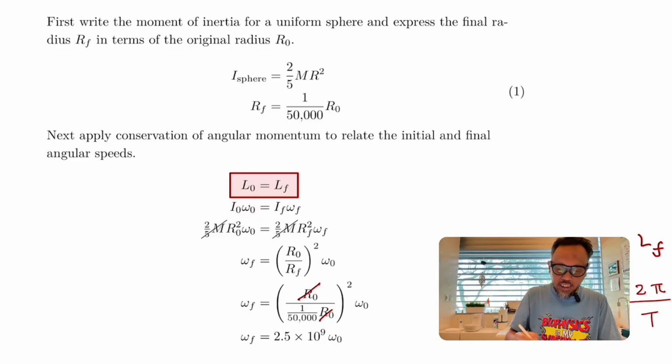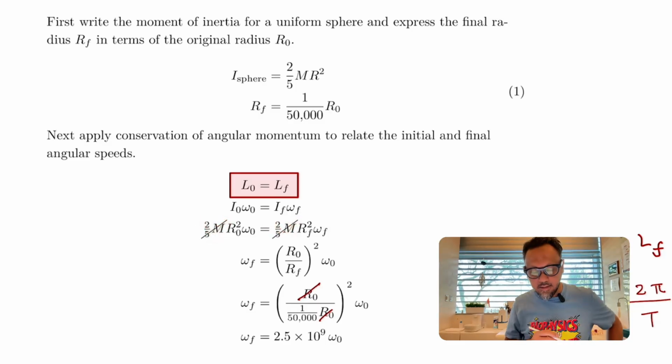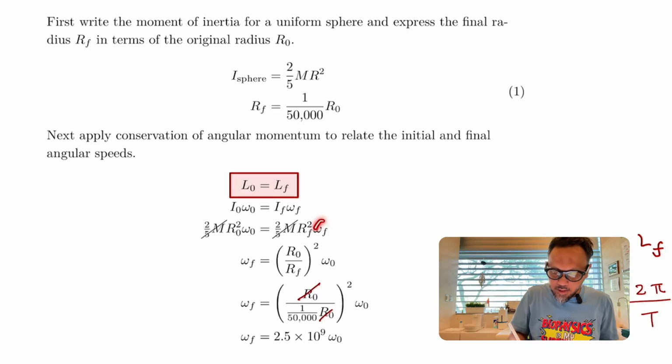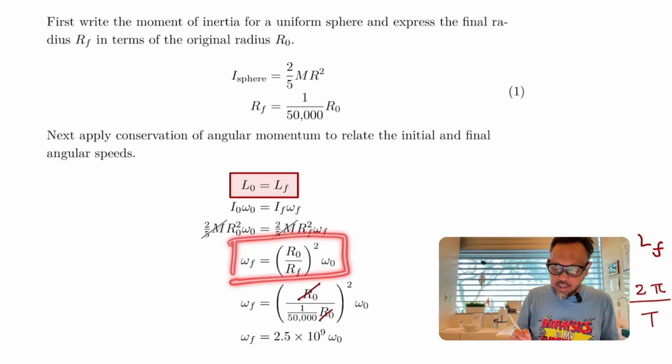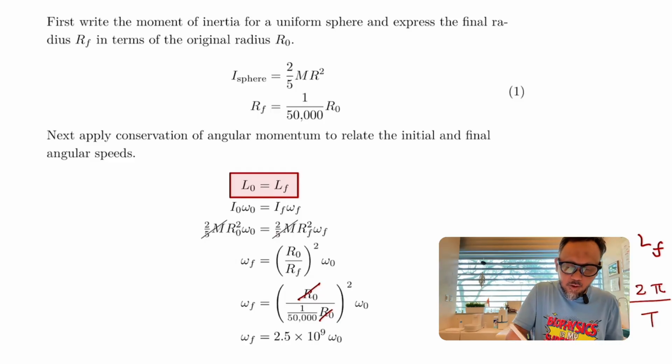Moment of inertia changes, but the mass stays the same, so m cancels, and this prefactor also cancels. And then we get the ratio between omega final and omega naught, which is given here. Right? So this is the analytical formula of the answer.